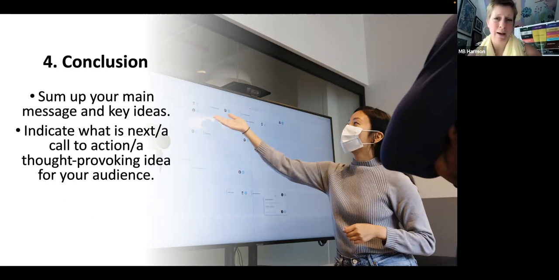So sometimes when a presenter comes to the end of their presentation, they might do something called a call to action, or they might ask the audience to do something, or they might say what's next in their research. Okay? I think personally, good presenters ask you to walk away and keep thinking about their topic, right?